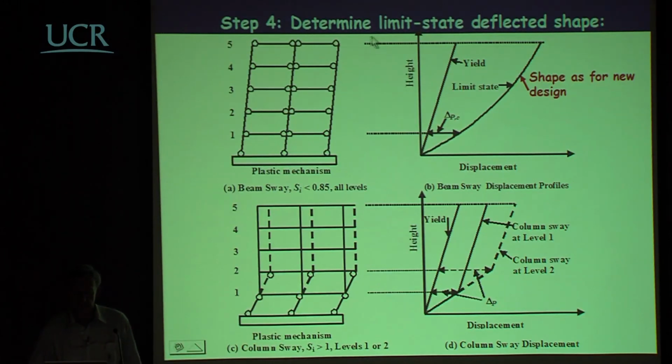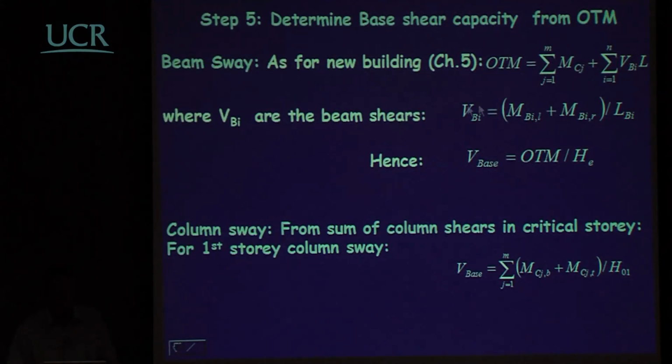So then we determine the limit state deflected shape. If it's a beam sway, we have the shape as for a new design. If it's a column sway, depending on where we think the hinges are likely to form, we will get different column sway mechanisms. But on the basis of those, we can calculate the capacity.